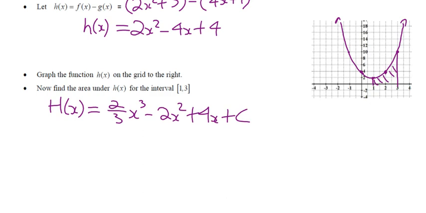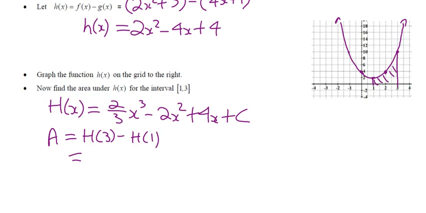Okay, and every time you do an antiderivative, just take the derivative. That's your check, right? So every time you factor, you FOIL it just to make sure that it's correct. So let's try this. H of x is going to be the antiderivative of 2x squared minus 4x plus 4. Okay, we want the area. So area is going to be H of 3 minus H of 1.